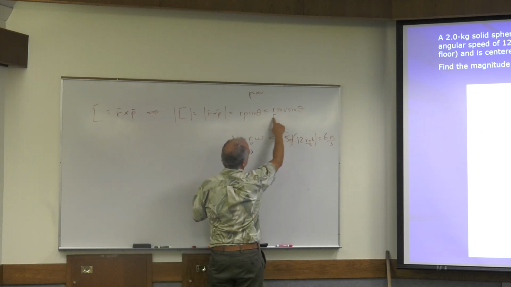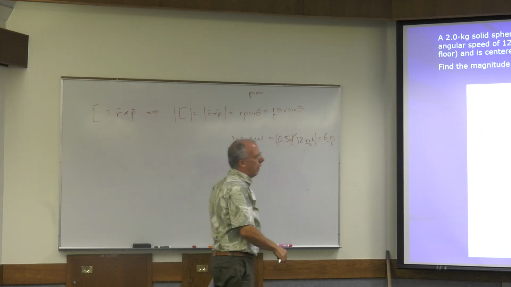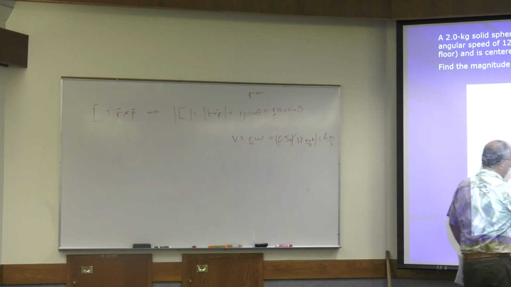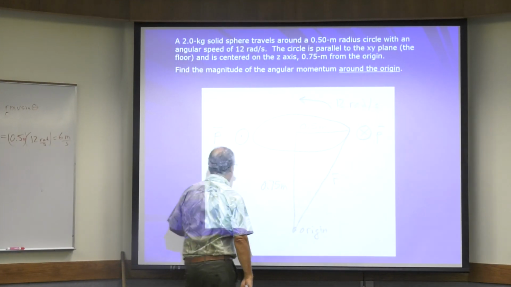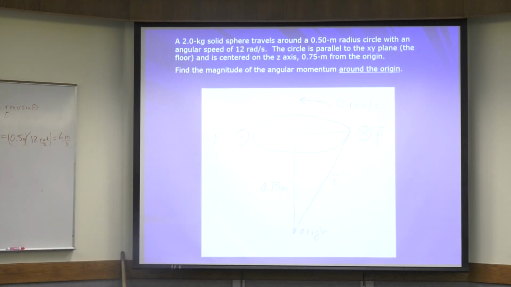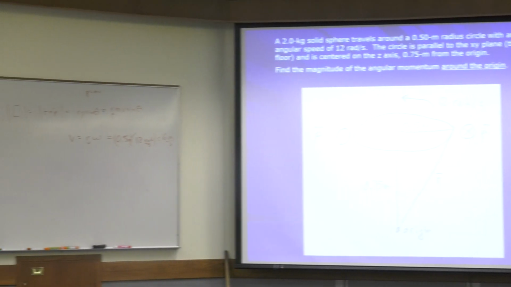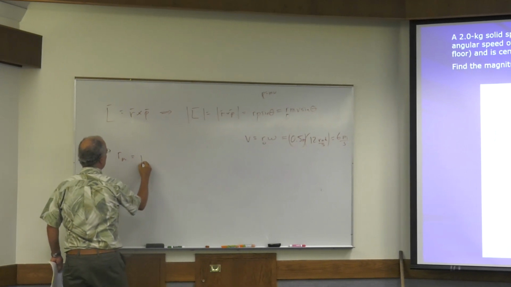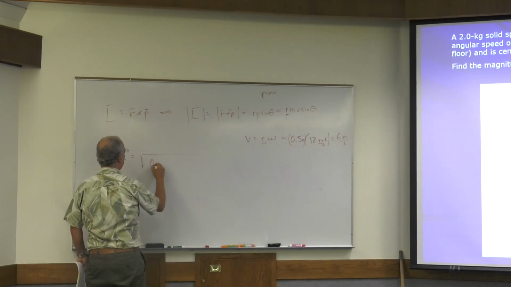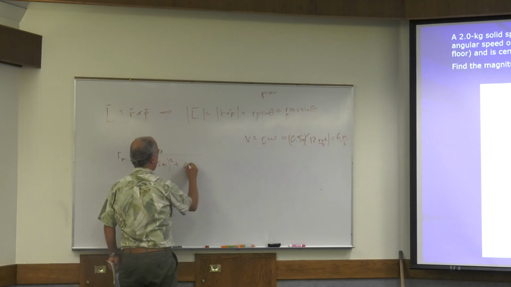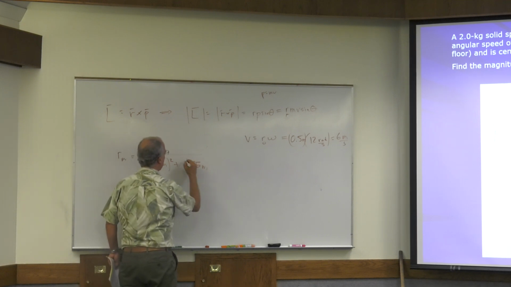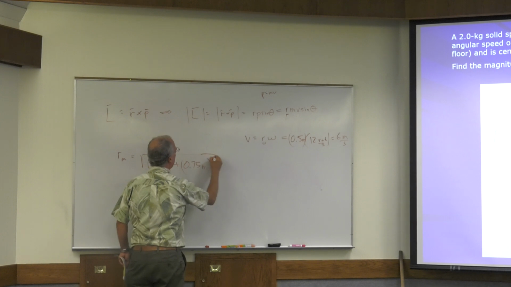Now, let's get this R, the position vector, okay? Well, how are we going to do that? Well, what kind of triangle is this? It's a right triangle, so this is just the hypotenuse, okay? So that R position vector is just the square root of 0.5 meters squared plus 0.75 meters squared.